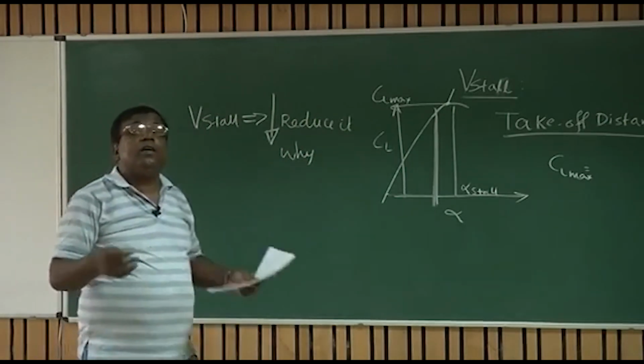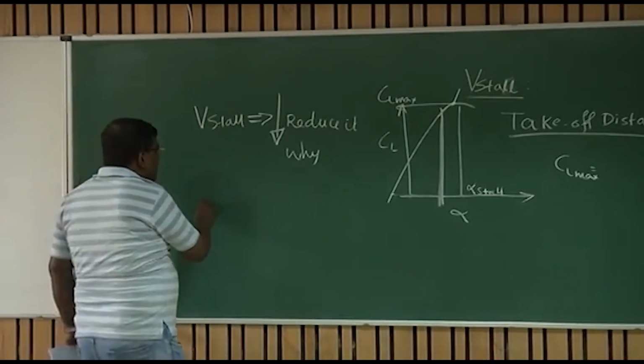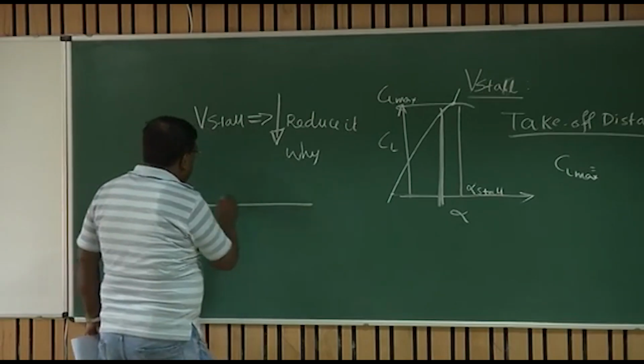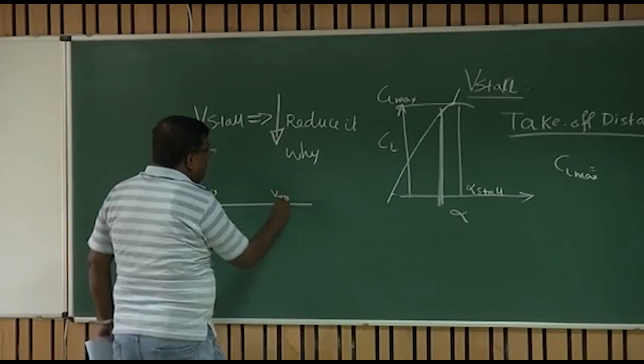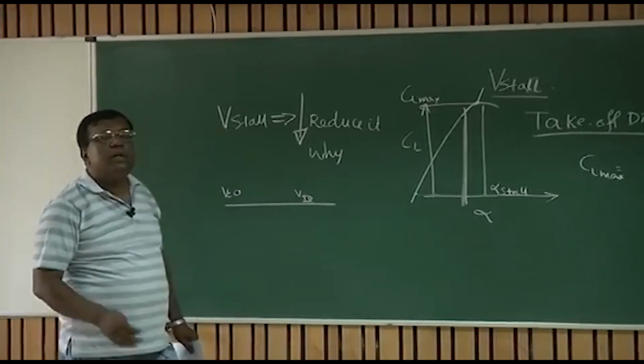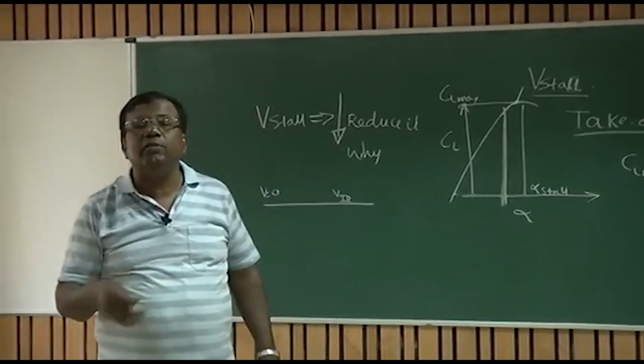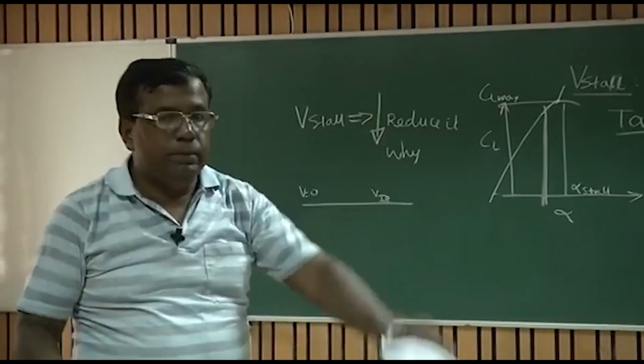Because we are talking about takeoff, okay? That is, I am starting from V equal to 0 to V takeoff. We will let you know what this takeoff speed is. It will be 10 to 20% more than the Vstall, and it goes up.